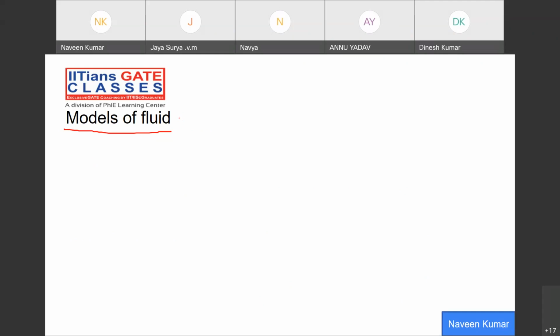What are the different types of models for the fluid? Let's say the finite control volume approach.